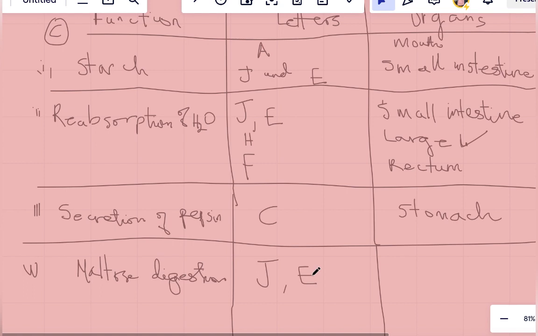So which organ are J and E, the site for maltose digestion? Of course, the small intestine. So we call them small intestine.